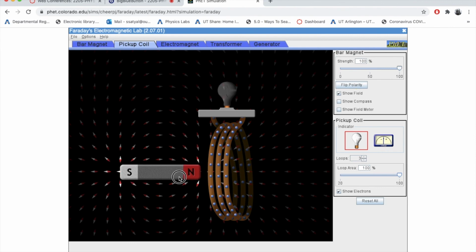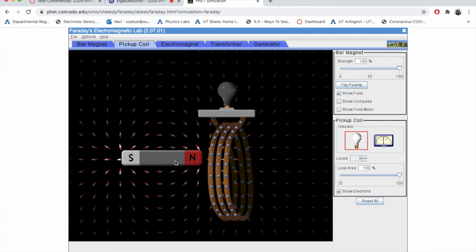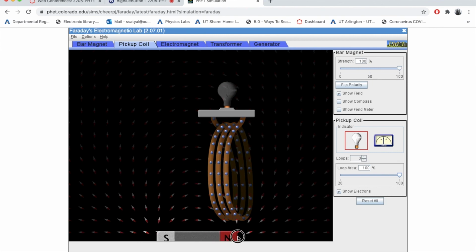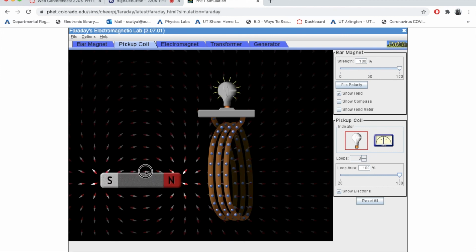When theta is 0 degrees, I have the maximum flux, and as theta increases, flux decreases because cosine 90 is 0. So if I have a magnet down here, and I were to flip this magnet vertical, no magnetic flux would pass through the loop, and hence there would be no induced EMF.